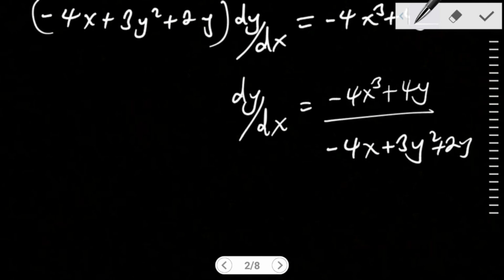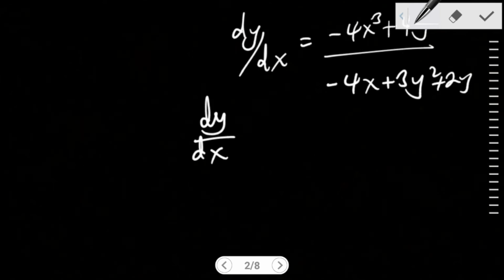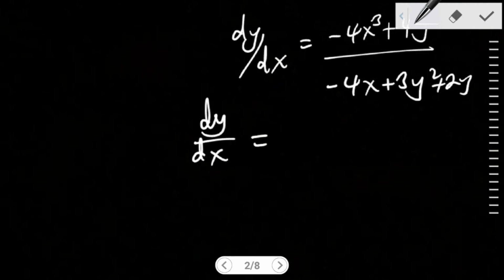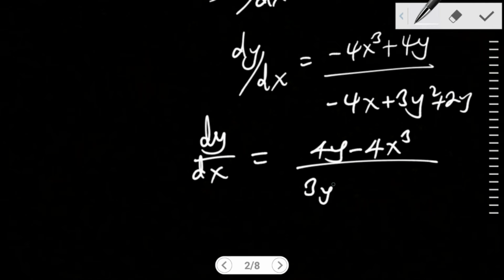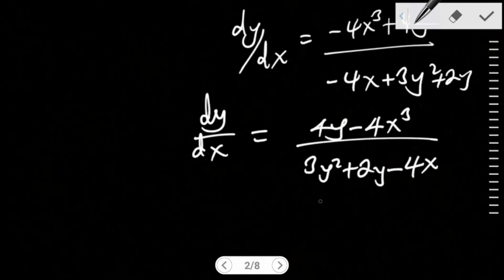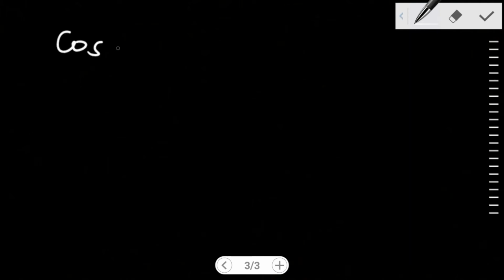Therefore, to work with this properly, dy/dx would be equals to 4y minus 4x cubed all over 3y squared plus 2y minus 4x, and therefore this should be our derivative.